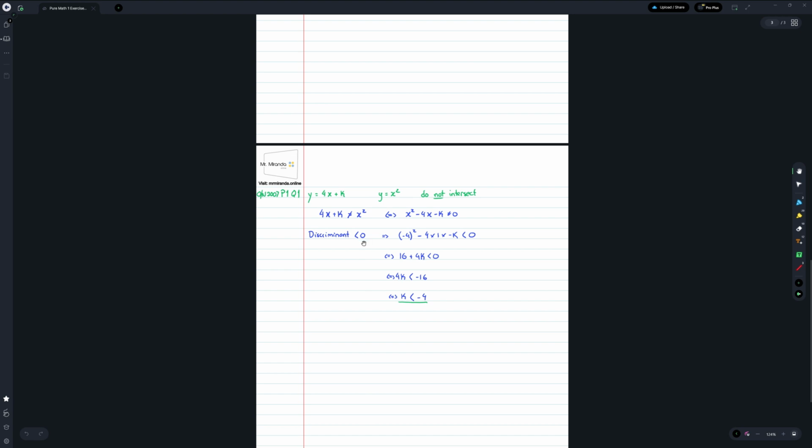The discriminant is b squared minus 4ac. b is minus 4, so minus 4 squared, minus 4 times a, which is 1, times c, which is minus k, needs to be smaller than 0. I just solved this, and I have the final answer. For any value of k that is smaller than minus 4, the line will never intersect the curve.